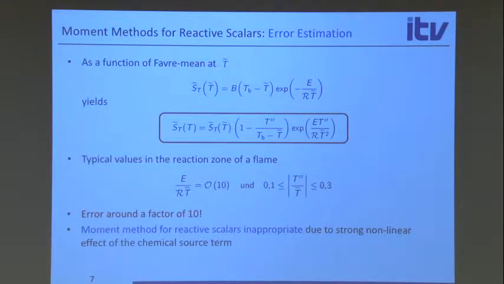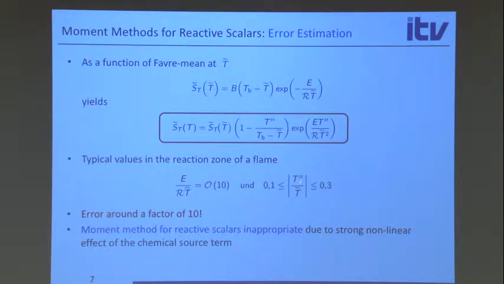And then you see that, for example, if the temperature gets close to the adiabatic flame temperature, so this is what we have actually in the reaction zone, then this term here becomes very large, and this one here goes to 0, okay? And then secondly, we see that this term E divided by RT is roughly of the order of 10 typically.